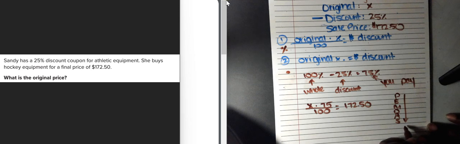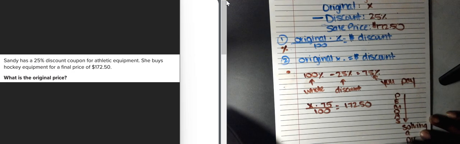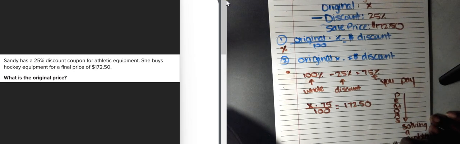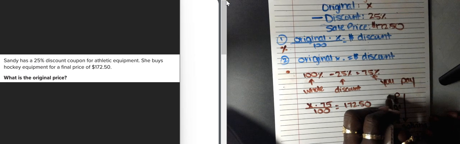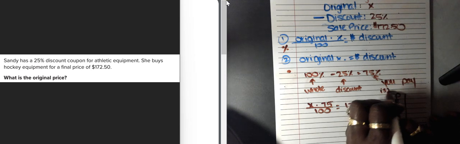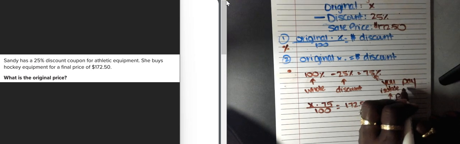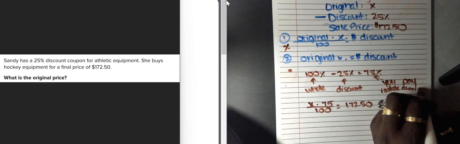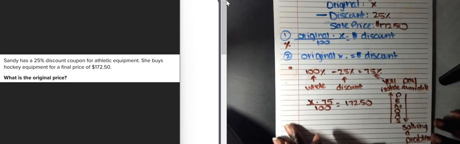But if you are trying to isolate a variable, then you actually want to go the opposite way. So you work backwards. I'll show you what that looks like.